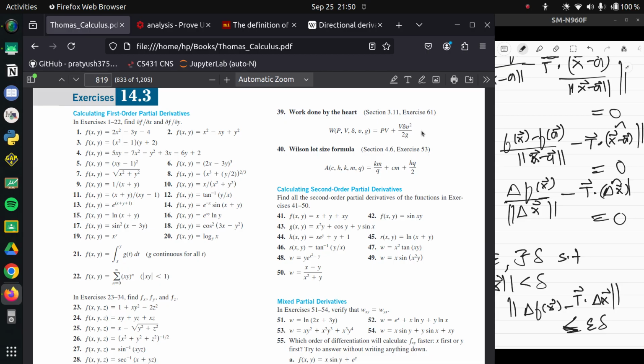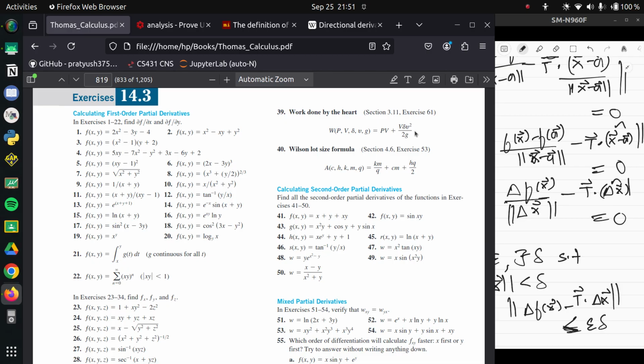Why is it g over there? Mass is rho times V. So it's like half m v squared, but then upon g. What?